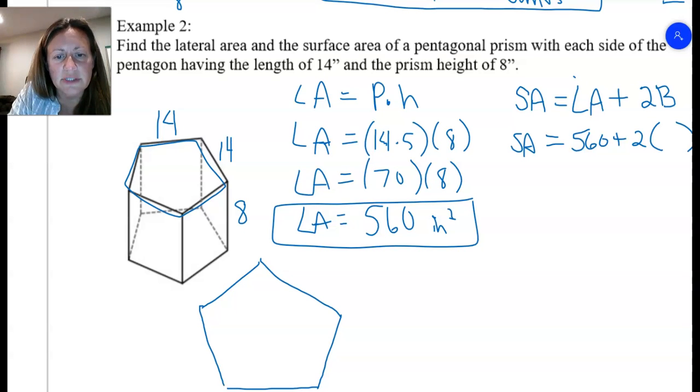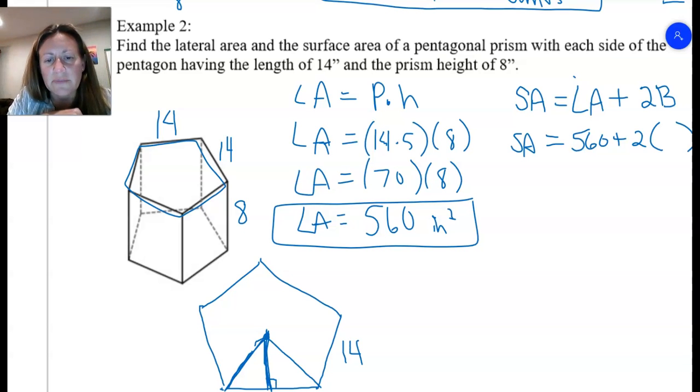Here we go. I'm just kind of looking at it now from above. The side is 14, okay? What I'm going to do is draw this center point and kind of sketch some radial segments going out from the center to each vertex. And then I'm going to draw this little line down the center here to make a little right triangle.